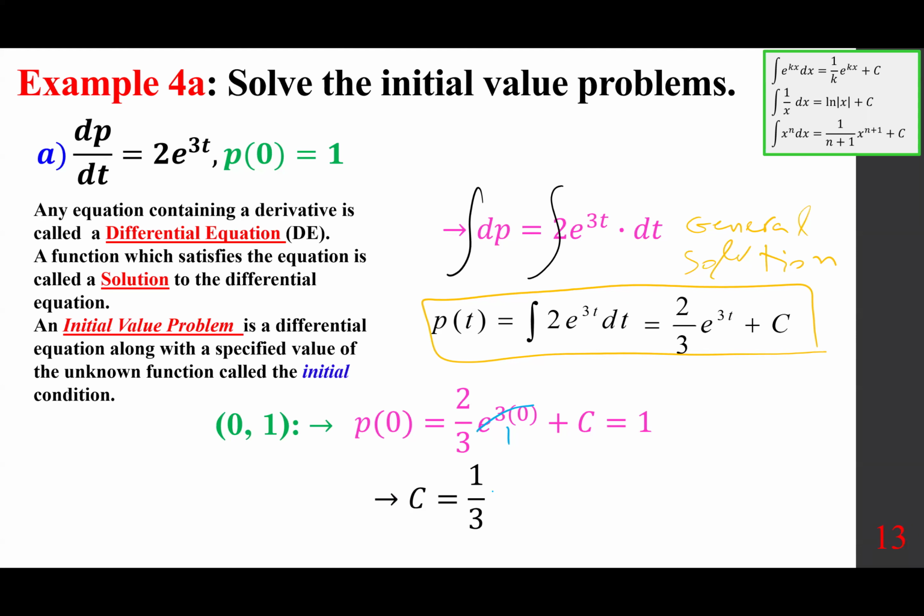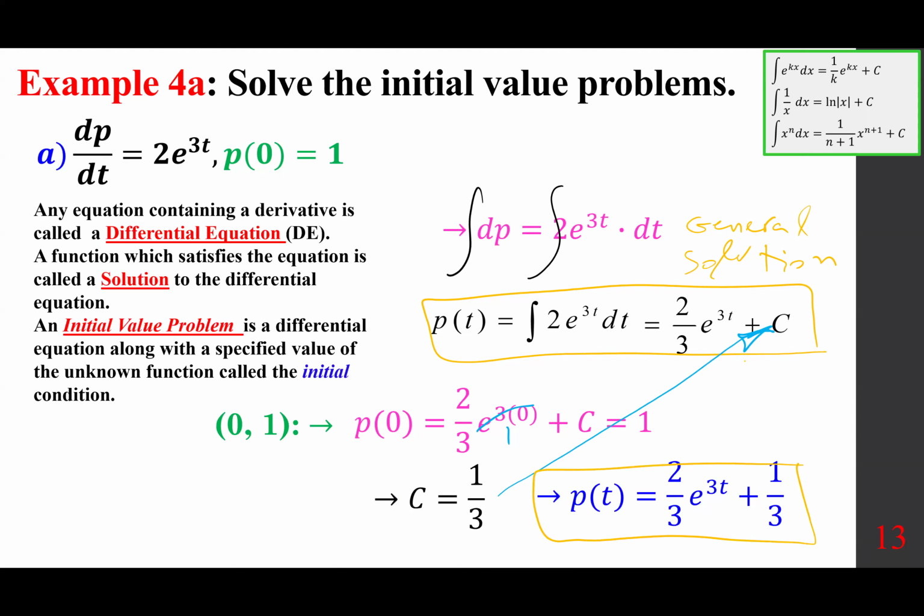Replace it, and you get one function as the answer. This is called a particular solution.